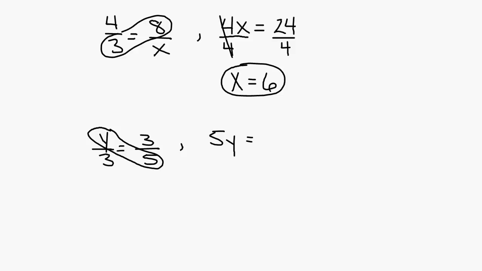And then you can multiply the 3 times the 3, and 3 times 3 is equal to 9. And then divide both sides by 5. Fives cancel, and y is equal to 9 divided by 5, 1.8.